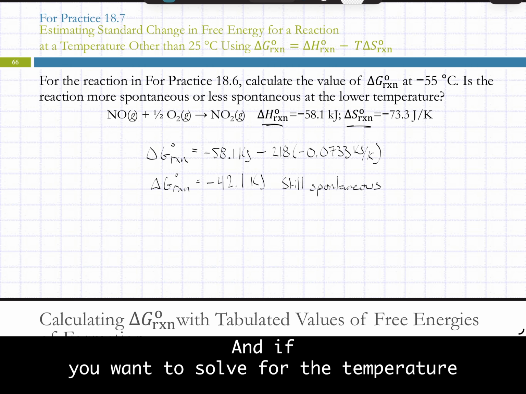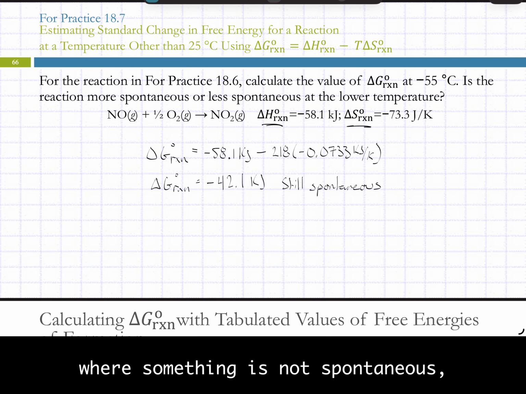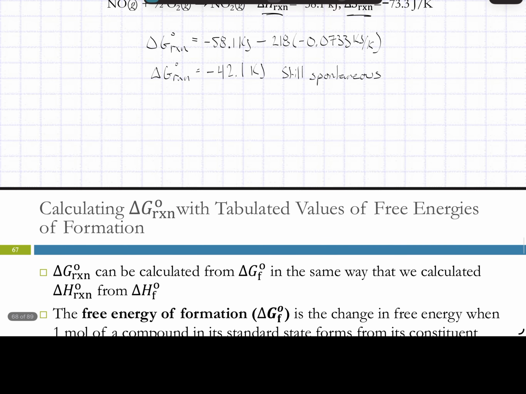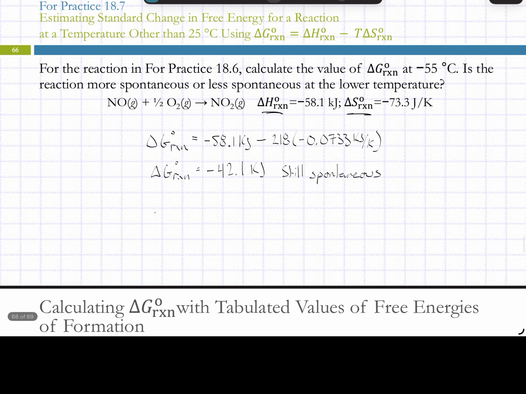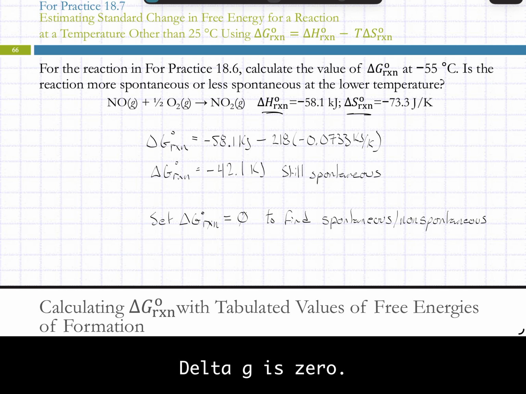And if you want to solve for the temperature where something is non-spontaneous, set delta G to 0. Delta G is 0, that's the inflection point.